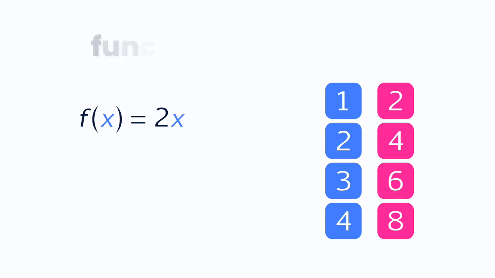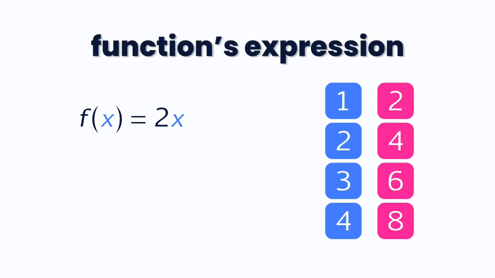This is known as a function's expression. The expression describes the relationship between the number you input and the number that the function then outputs. For example, if you input the number 4, you write it as follows. f of 4 equals 2 times 4, which equals 8. Great job! You've just used math to describe this function.